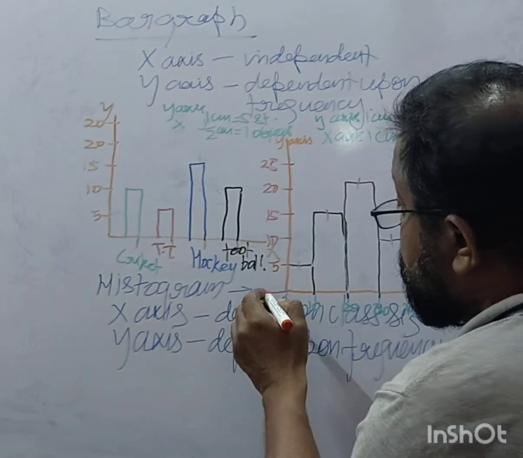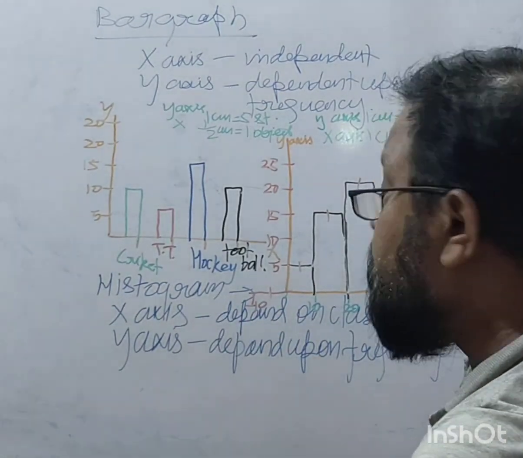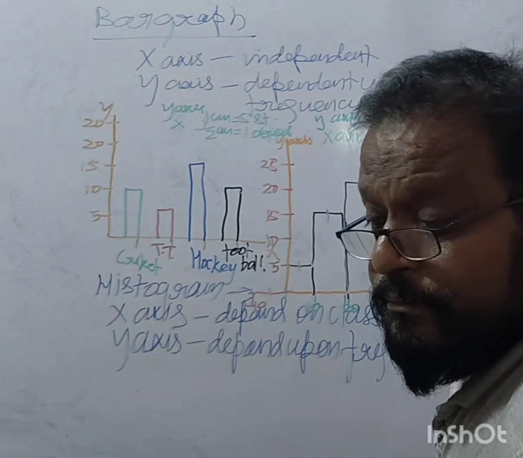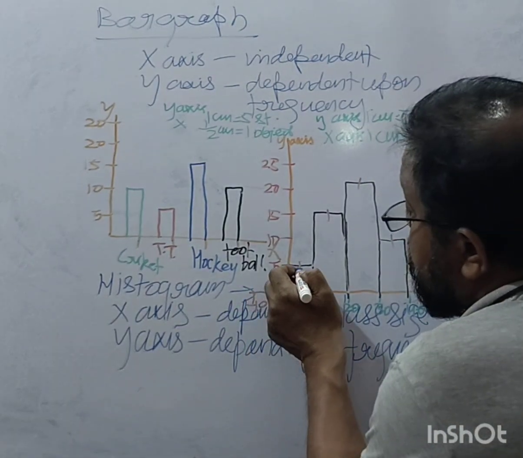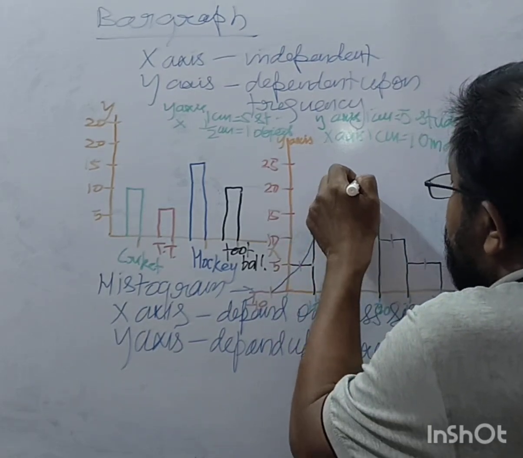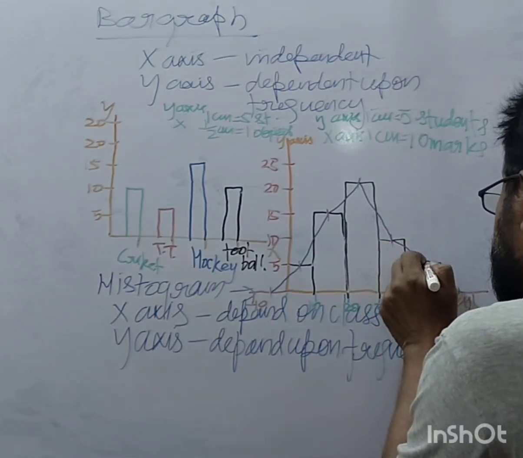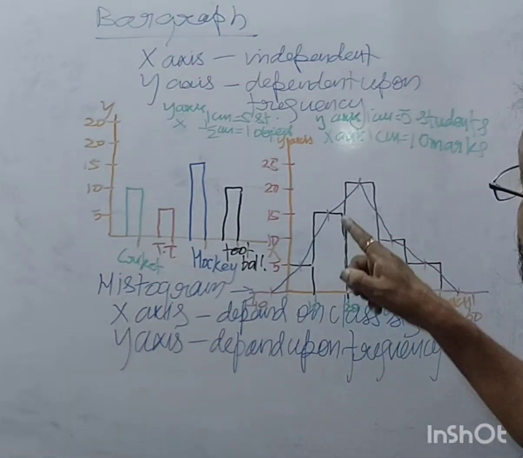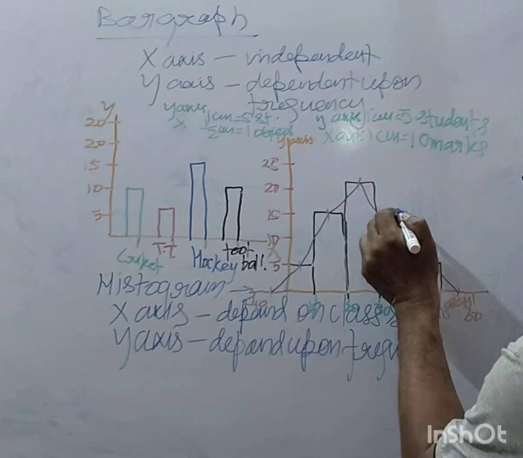Right? So this is minus 5. So we join these points like this, this, this, this, this, and this. This blue one is the frequency distribution.